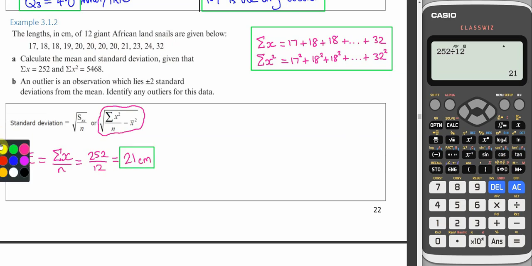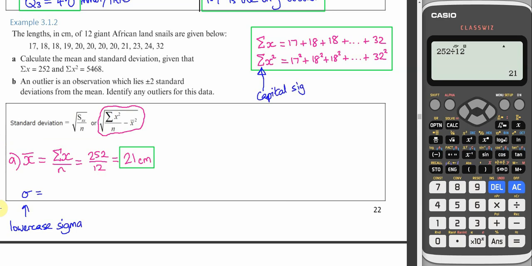We're now going to use the mean to get the standard deviation. The symbol for standard deviation is this little sigma. That's a lowercase sigma, the Greek letter sigma. The capital sigma is the one we used earlier, which represents a sum. So same letter, but one is lowercase, one is capital.